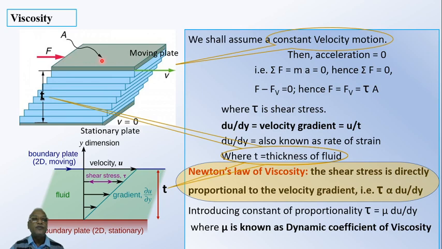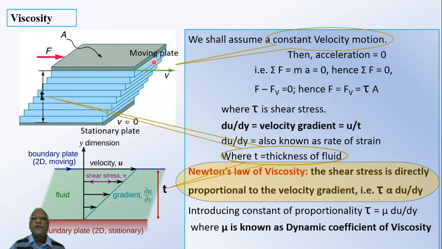When it is being pushed and maintained with constant velocity, as discussed, there will be a resistance on the plate, and once this layer is moved there will be a resistance there also, and when this is moving with respect to the lower layer, again there will be a resistance. So between the layers of the liquid there will be resistance, right?